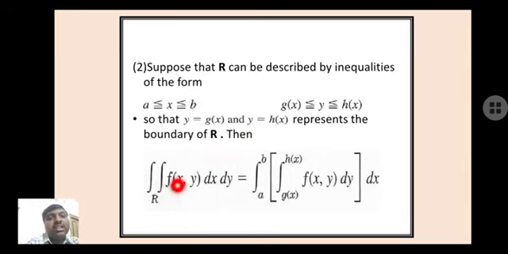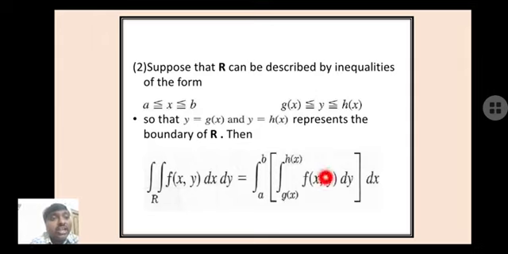Then I write the double integration over the region R of f(x,y) dx dy as the integral from a to b, where a and b are the limits of x, and g(x) and h(x) are the limits of y. So I write the integral from g(x) to h(x) of f(x,y) dy dx. When calculating the double integration, we can rearrange it into successive integration.